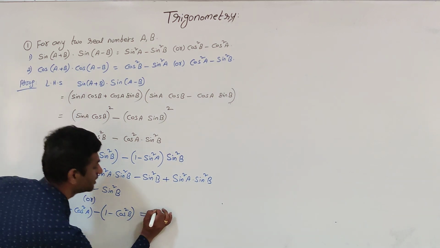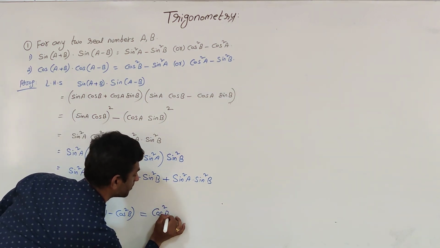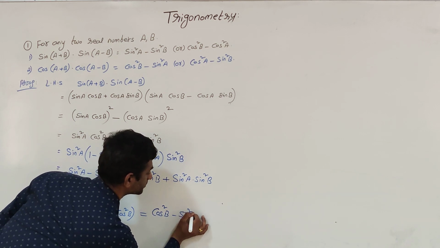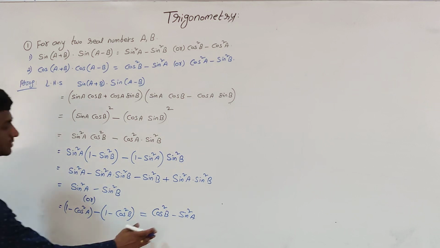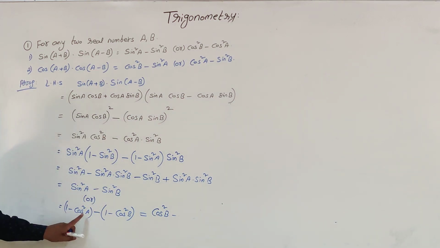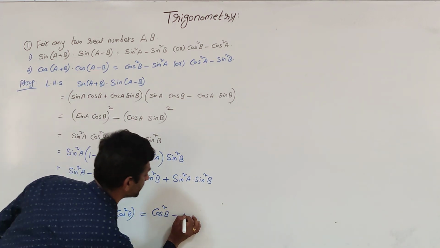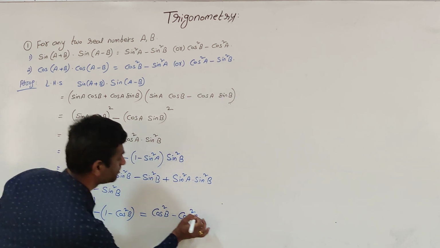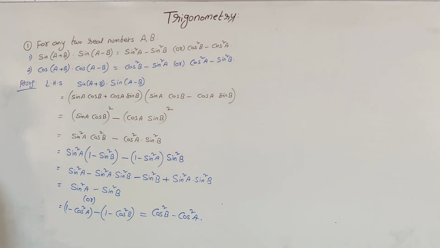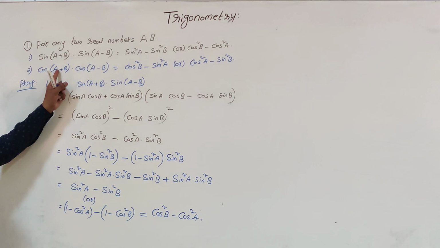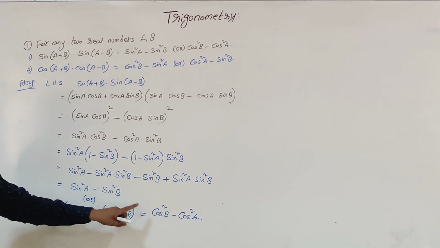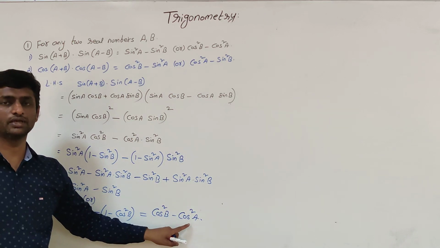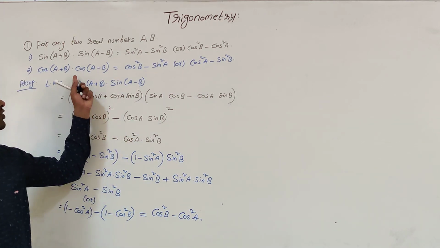So it will be cos square B minus cos square A. So sin of A plus B into sin of A minus B is sin square A minus sin square B, or cos square B minus cos square A. Next, we'll see the next proof.